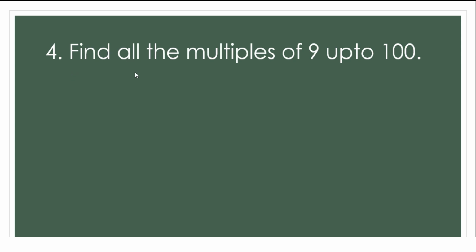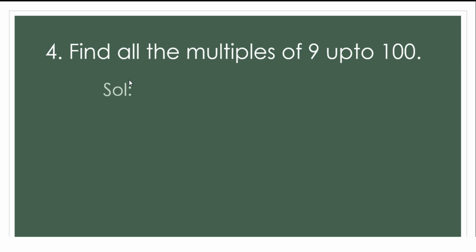Find all the multiples of 9 up to 100. Up to 100 means what? Are we going to find 100 multiples of 9? No. Multiples of 9 up to 100. So when you are writing the answer, till 100 or before 100, you have to stop.